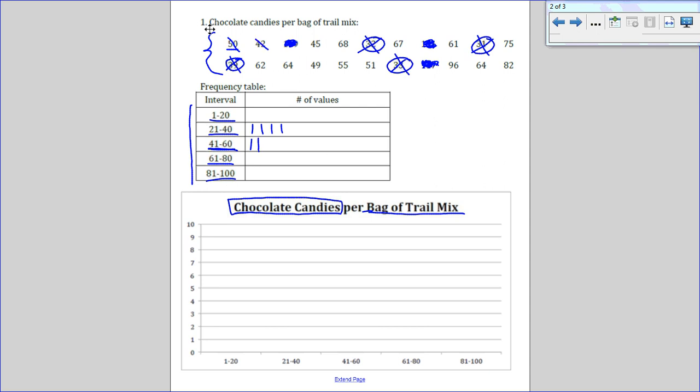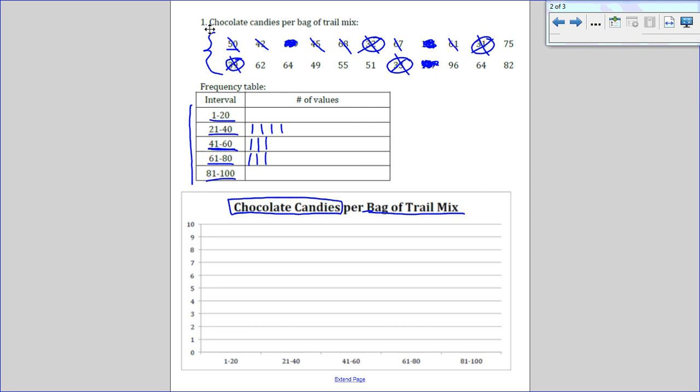So we mark that out. 45 falls between 41 and 60. 68 falls between 61 and 80. 67 falls between 61 and 80. 61 doesn't fall between 61 and 80, but 61 is included in that set, so we'll put it in the 61 to 80, right?